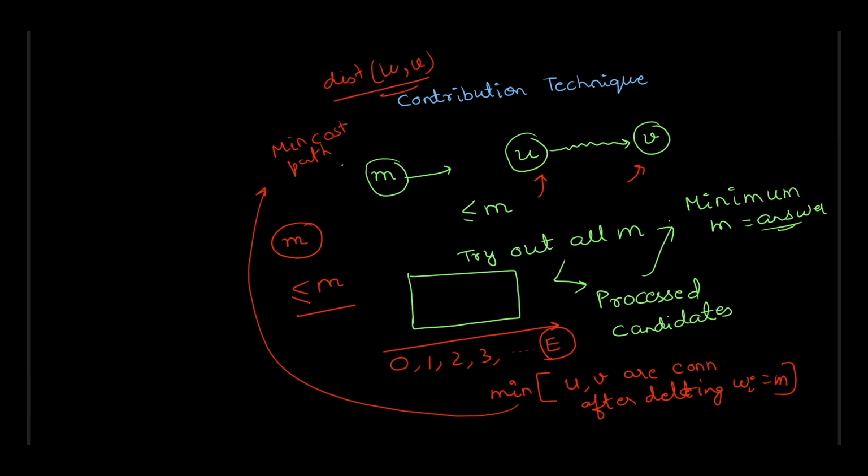But why is this true? Because notice that every time you get an inequality, sure, but consider the optimal path. Suppose this is the minima, this is the distance between U to V, and the answer is M star, which is the minimum max. Then if you have tried all possibilities from 0, 1, 2, 3 up to E, then at some point of time you must have also tried this, and your answer would have been yes.